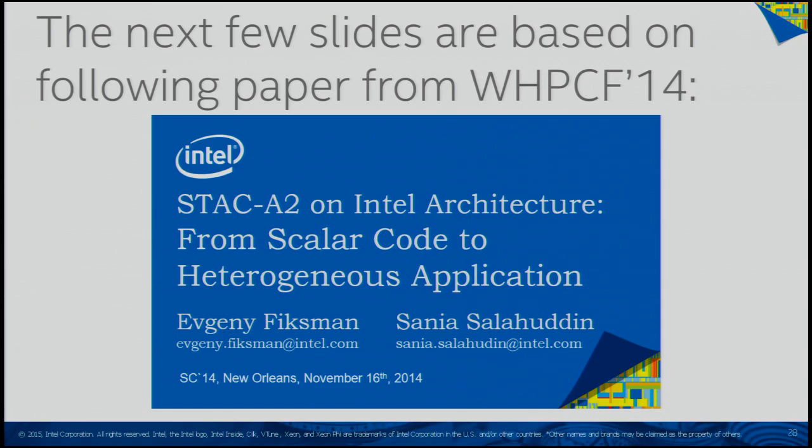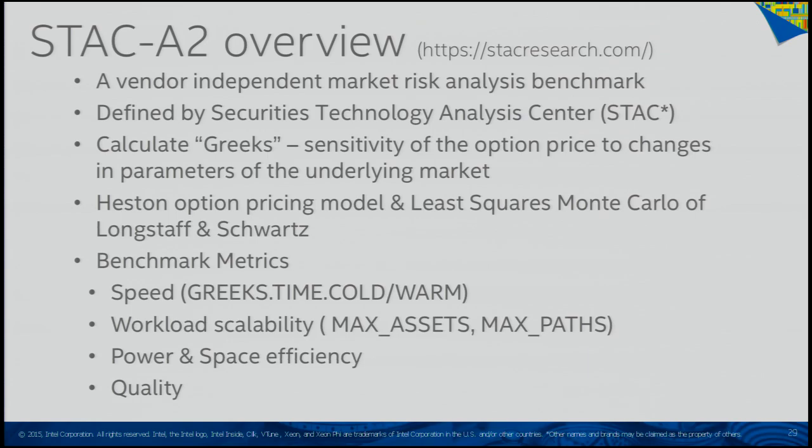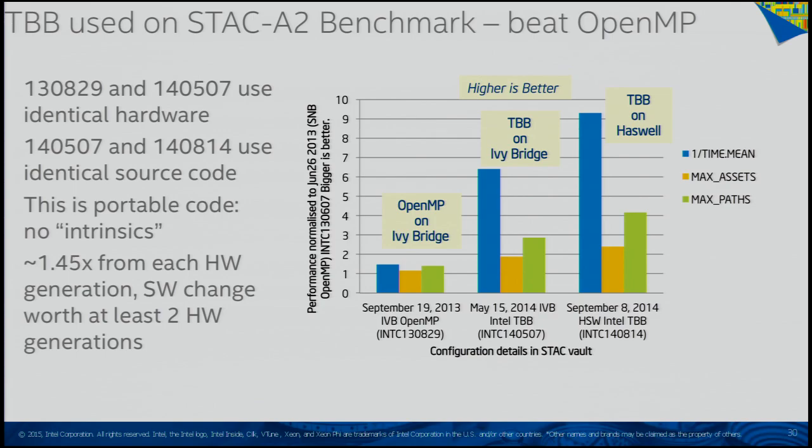It's a financial markets risk analysis benchmark. And here is a side-by-side, very fair comparison of OpenMP to TBB. And it pretty clearly shows that OpenMP sucks. We get much better performance using TBB, so I don't even know why we would have OpenMP ever.